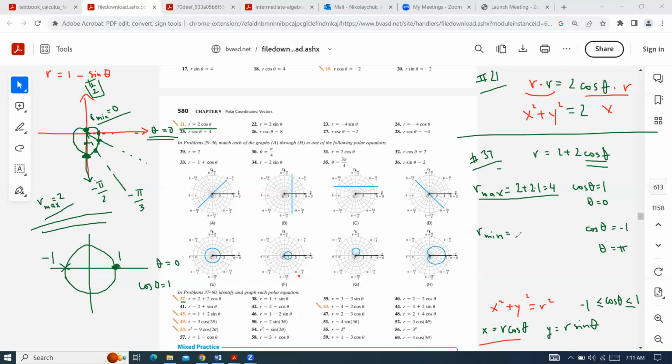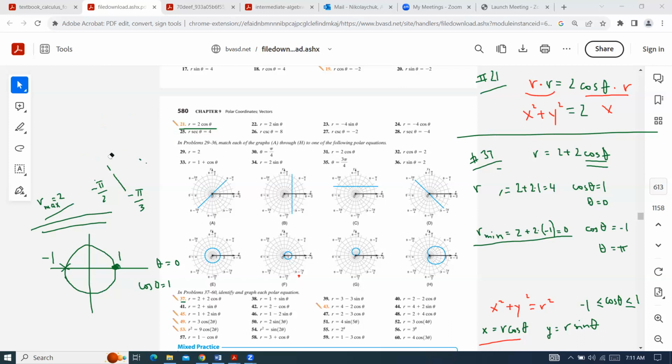And the minimum value is going to be found if you take the -1 and plug into this little equation and see that it is 0. So usually I look for the 3 values of r when it is largest, when it is smallest, and when it is 0, but we already found when it was 0, it kind of coincides with the value when it is also smallest. So let us plot these points and then decide how the graph should look in this case.